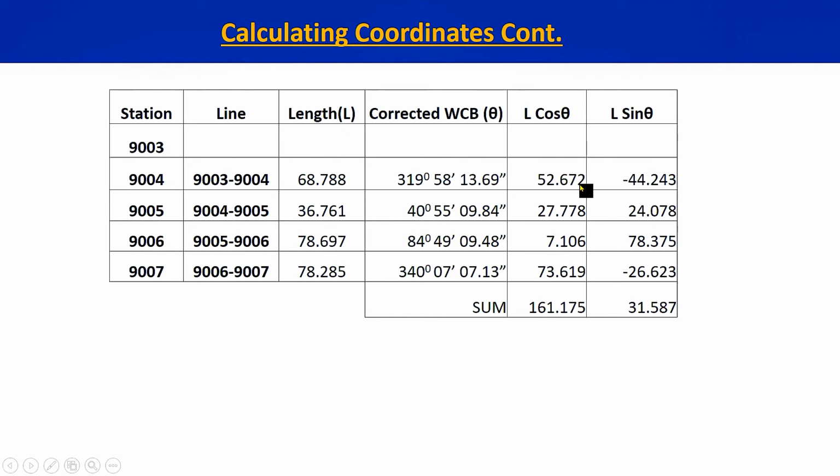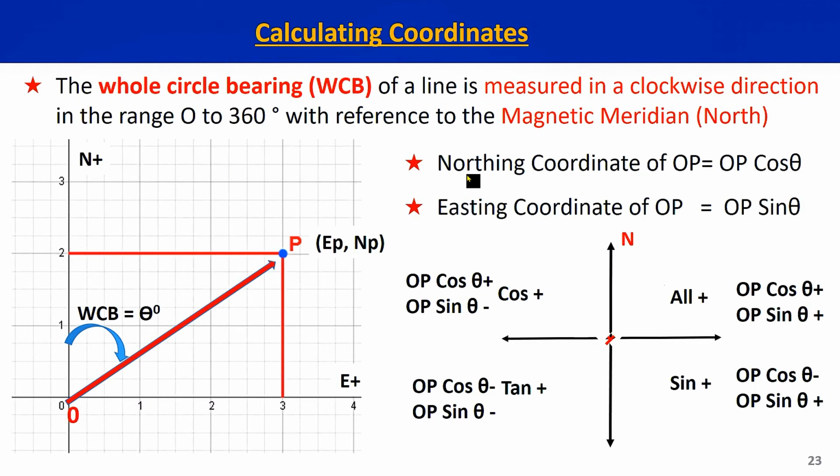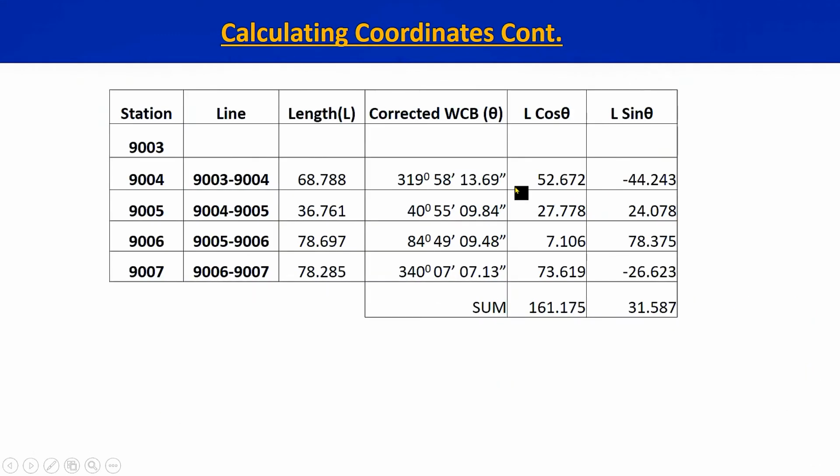When we are calculating these partial coordinates, we always consider the origin as 0. That means for the 9003, 9004 line, the eastern and northern coordinates of 9003 are 0, 0. And with respect to that 0, 0, we can find out the coordinates of 9004.